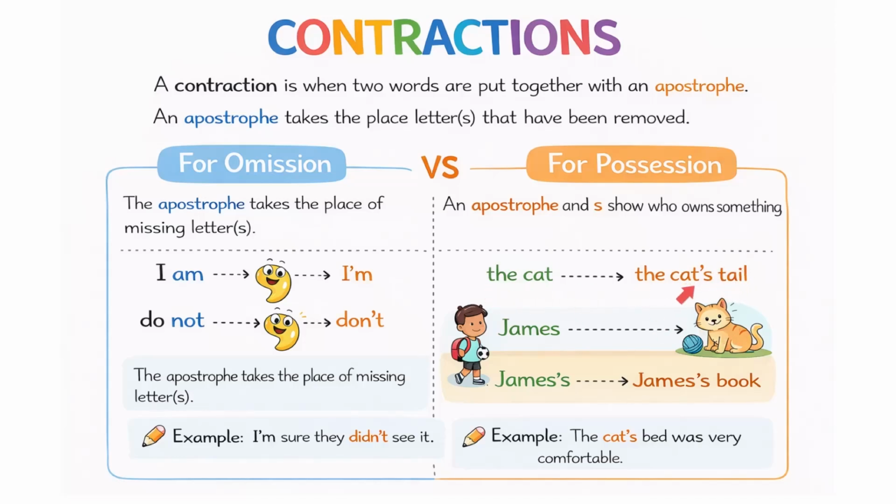The tail is owned by the cat, so we have an apostrophe to show that. James has a book, so it would be James's book. And the cat's bed was very comfortable. We show that relationship of ownership using an apostrophe for possession. And they're the 2 question types that we're going to encounter. So let's take a look at them.